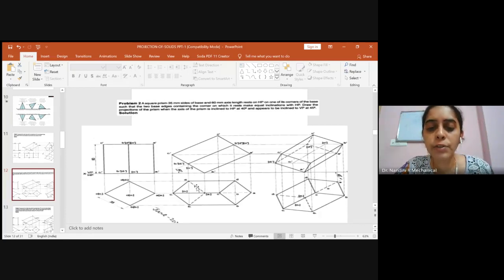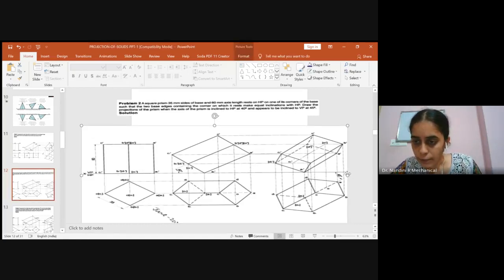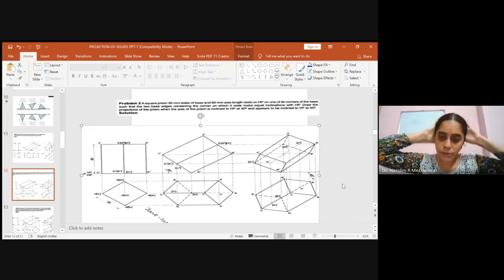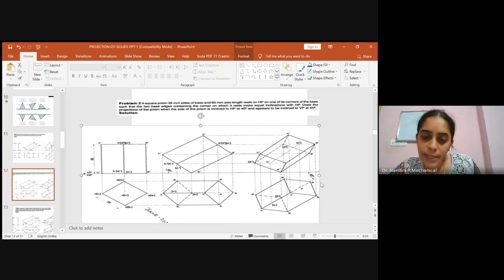So this part of the prism and this part of the square prism has to be completed. So how do you do that? After this, there are like 2 to 3 methods that people usually follow according to their requirements. From the center, you can just draw a perpendicular line.